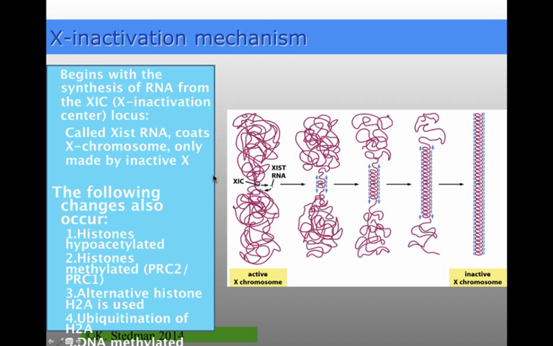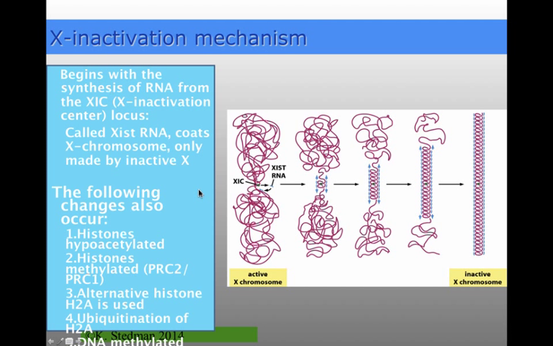So you get synthesis of this particular RNA, this XIST RNA in the chromosome which is going to be inactivated, binds to a number of different proteins, including those polycomb group proteins, which then cause DNA methylation. And that DNA methylation also gives you hypoacetylation of your histones and gives this whole compaction process.